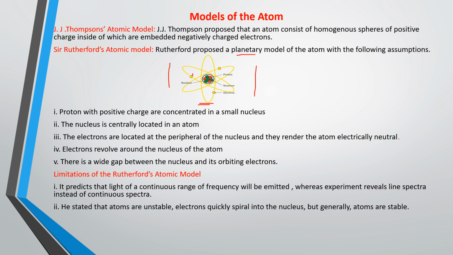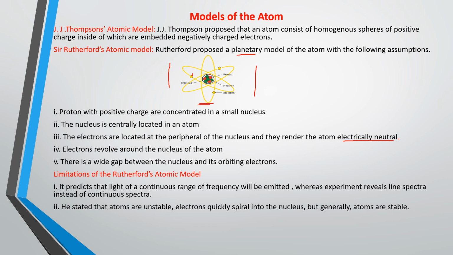In our previous class, we discussed this electrical neutrality of the atom. What we said was that because the nucleus is positively charged, and the electrons on the orbit or on the shells are negatively charged, and also because the charge on the nucleus is equal to the charge on the electron but opposite in sign, that makes the atom electrically neutral, because the negative charge on the electrons cancels out the positive charge on the nucleus.